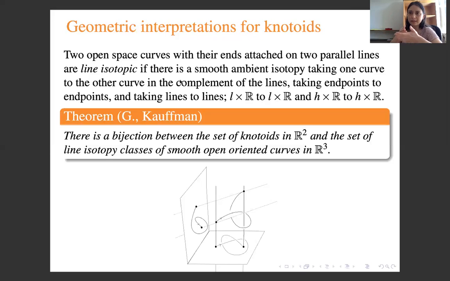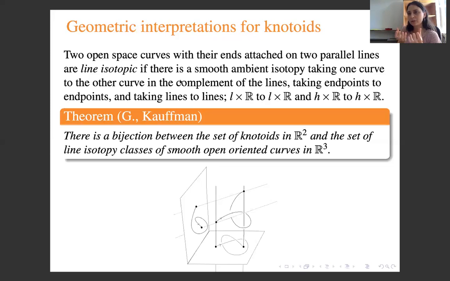And we want this line isotopy to take endpoints to the endpoints of the second curve and lines to the lines. So we fix the lines and the endpoints are on the determined two lines, and we just deform our space curve in the complement of the lines given.